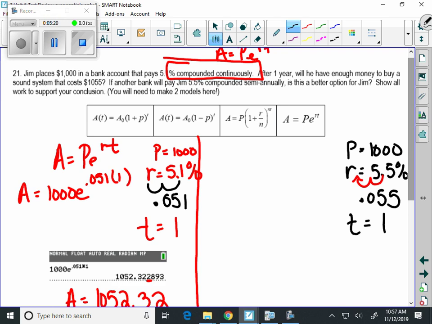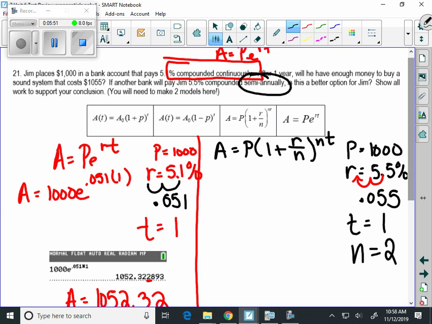He wants to invest this money, get his money out, and buy his stereo. What we haven't looked at here is the semi-annually. We need to notice that, because semi-annually means that we're going to have to use the A equals P times 1 plus r divided by n to the nt formula. Semi-annually means that interest is going to be calculated twice per year.